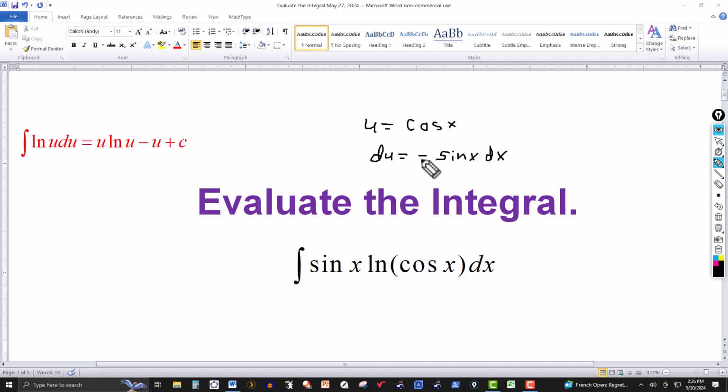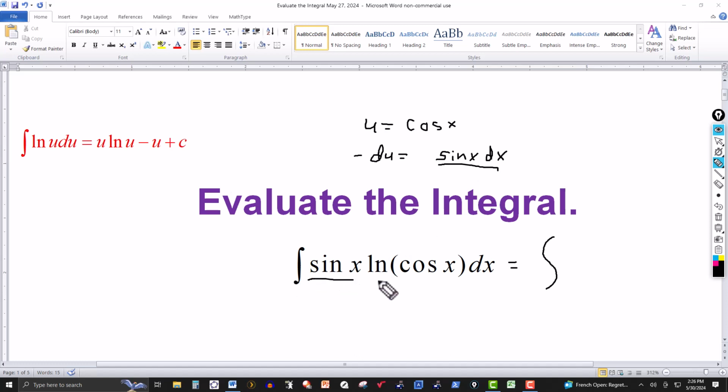Then we can multiply both sides by a negative, so this negative would be over here, and on the right, I just have sine of x. And then this would be equal to the integral. Now I'm going to convert this to an integral involving the variable u. So notice sine x dx, that's this product right here.